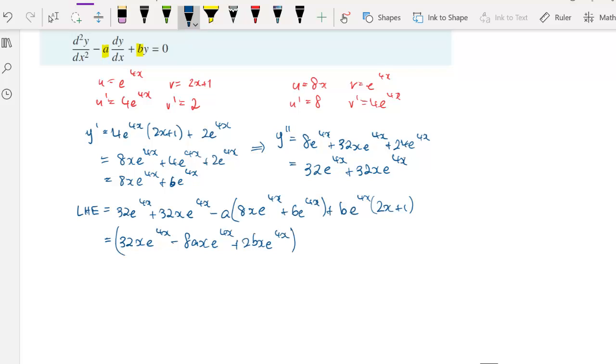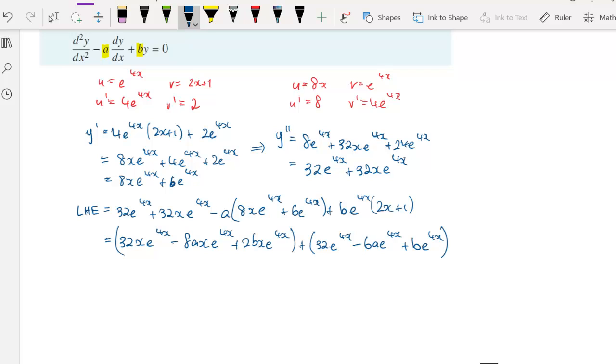So there's all the terms with x's, and all the ones without x's will be 32e to the 4x, subtract 6a e to the 4x, and plus b e to the 4x. So that's our left-hand equation.